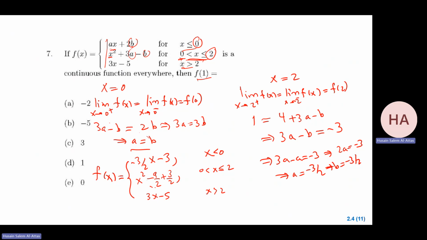This is minus 9 over 2 plus 3 over 2, minus 6 over 2, so it's minus 3. Now to check f at 1, just substitute here. You have 1 minus 3, which is minus 2. That will be my answer.